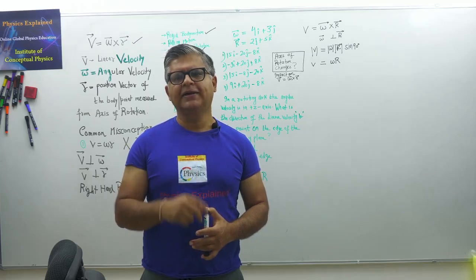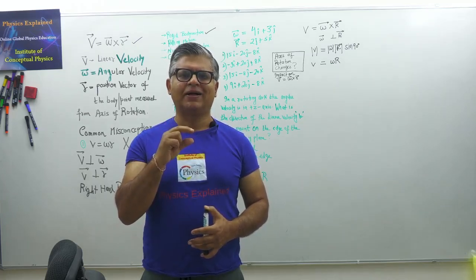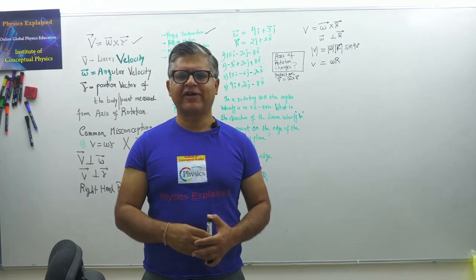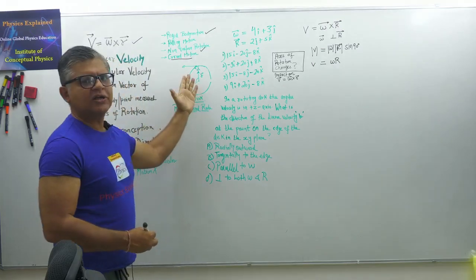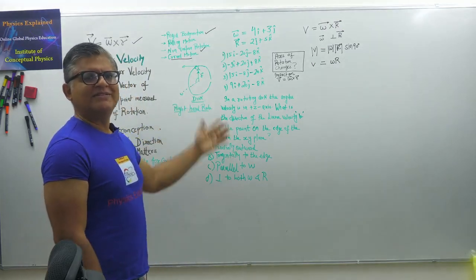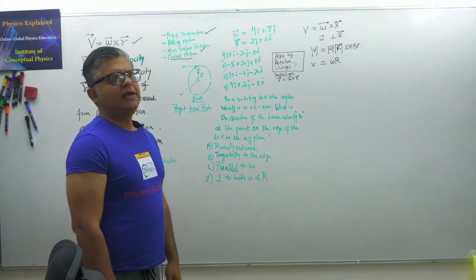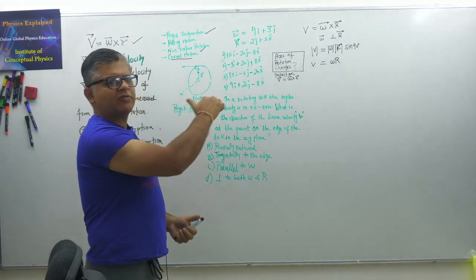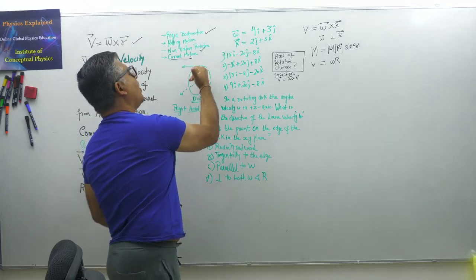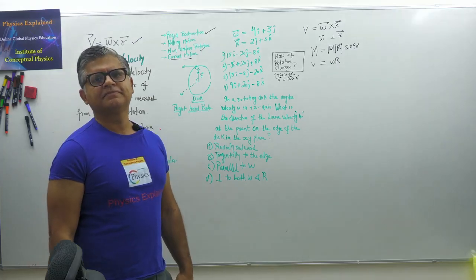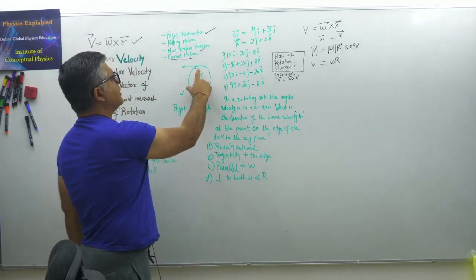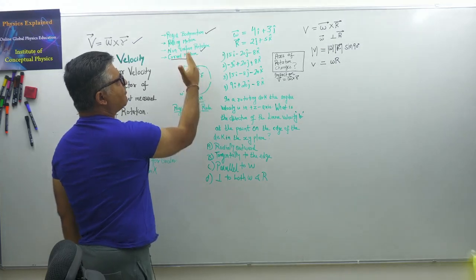And the linear velocity direction has to be found out. If this is not a disk motion, but is a uniform circular motion, and the angular velocity is anti-clockwise, and therefore the vector is outward, the position vector is directed upward like this.